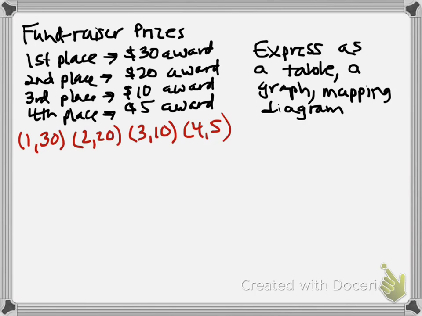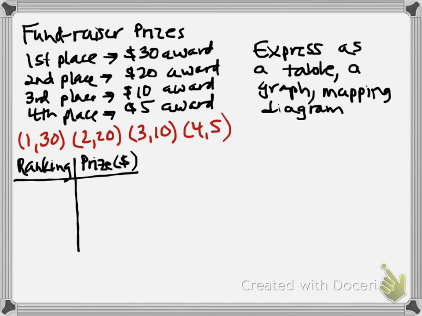So that's going to help me set up my table. So my table, that strategy, we would have ranking, and we would have prize. And I'm going to put a $ sign after it to let you know how we're labeling our answer. So if we rank first, we get $30.